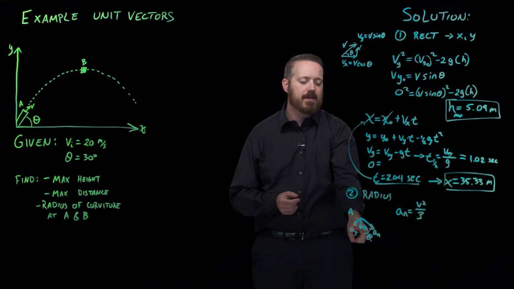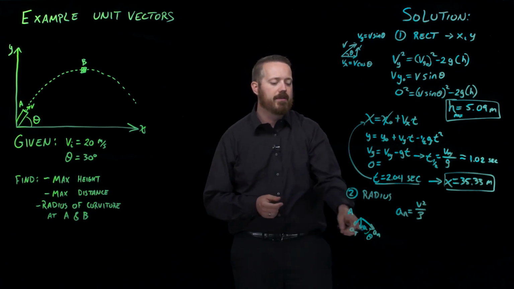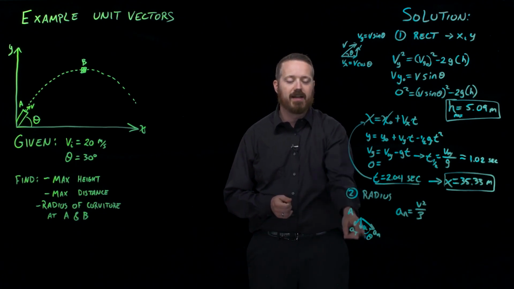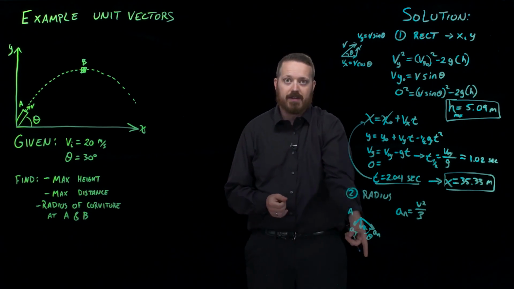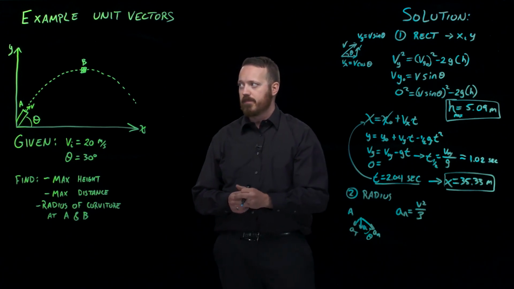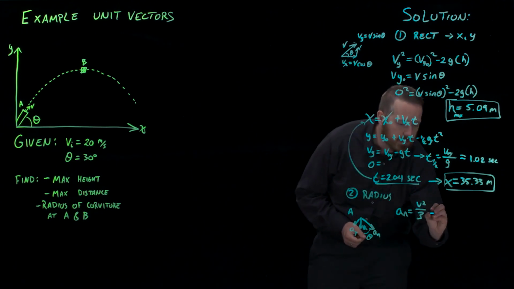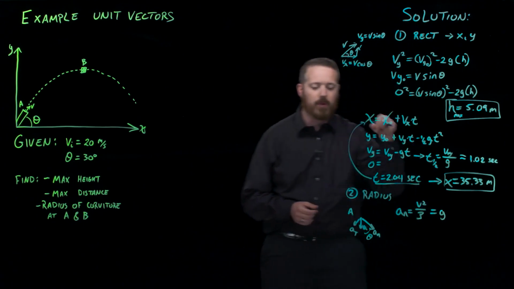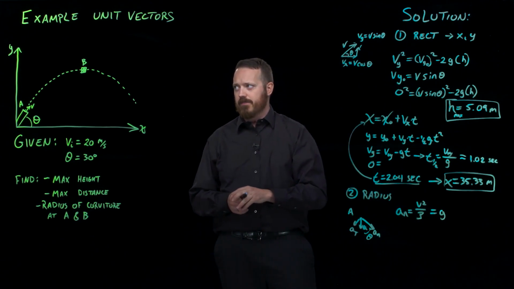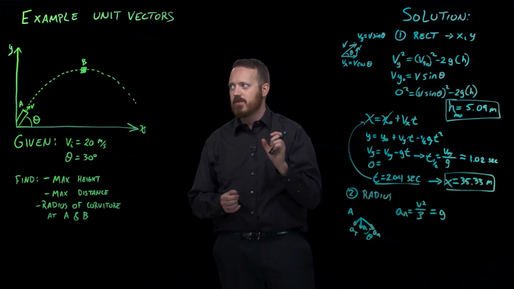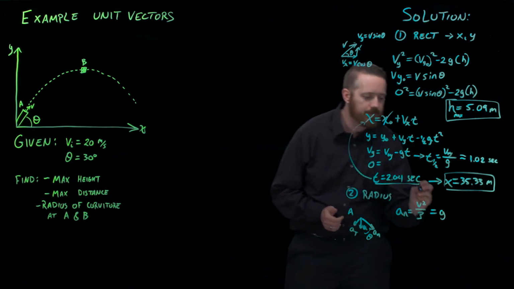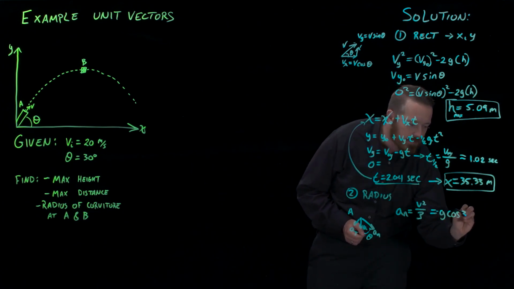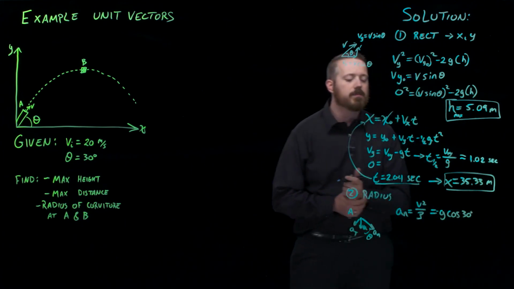And now we can see that at A, the normal portion of acceleration can be defined as a function of the gravity and that cosine. So it's also equal to gravity pulling in a downwards direction, so we can go ahead and use our negative gravity if we like, and then it's going to be the cosine portion of that angle.